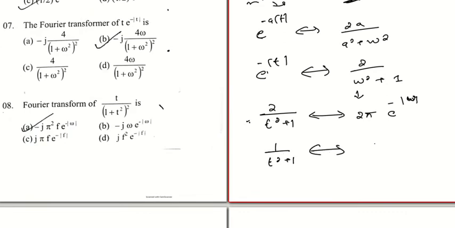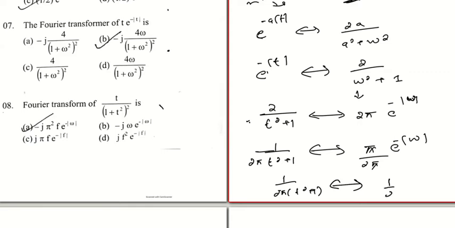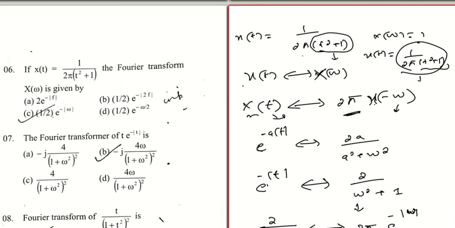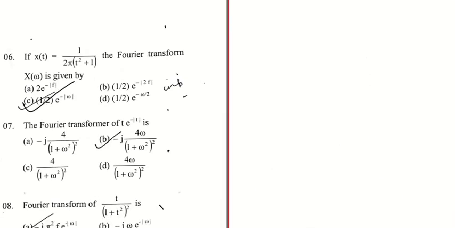So this 2 will go this side, which will be pi into e raised to minus modulus of omega. And now what is missing here? 1 by 2 pi, right? So 1 by 2 pi here and 1 by 2 pi here. So the answer is: 1 by 2 pi into t square plus 1 has the Fourier transform 1 by 2 into e raised to minus modulus of omega. That is the answer. Okay, so this is how it is done.